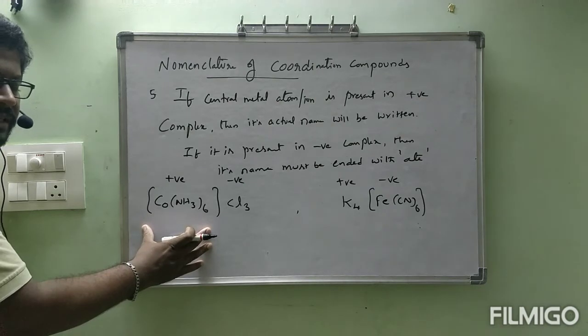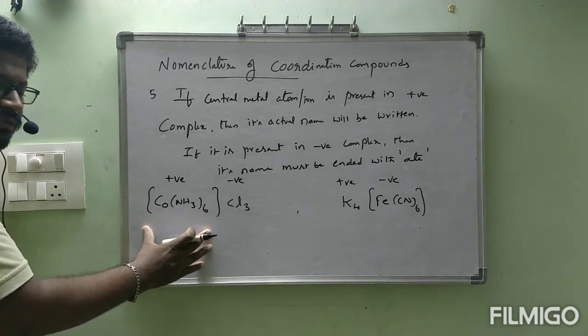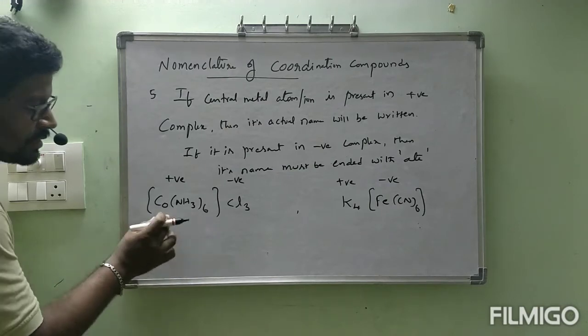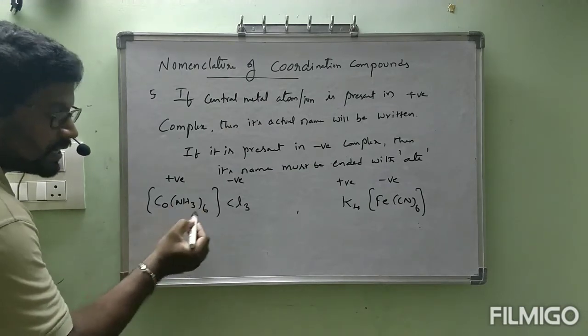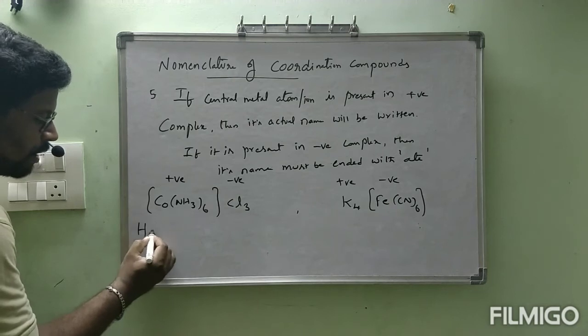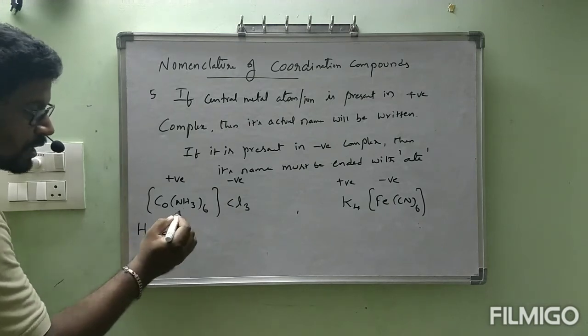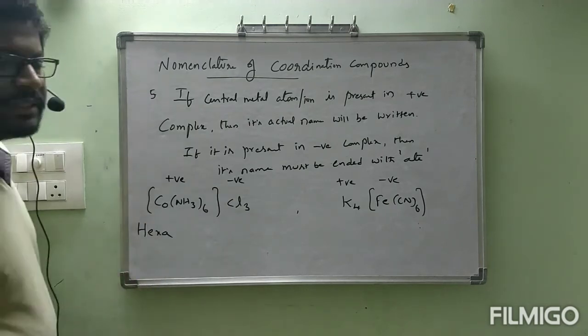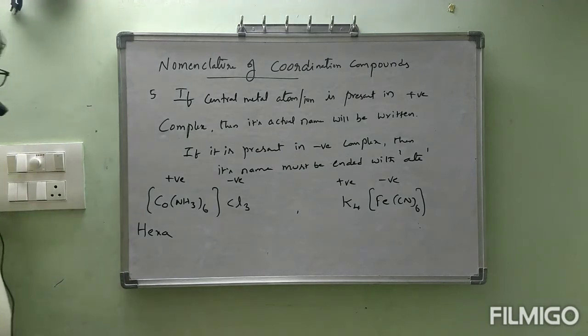Is it correct or not? Whether it is the complex or the counter ion, whatever it might be, we first name the positive part. Then in that complex, first we start with ligands. Hexa. NH3 here is ammine.